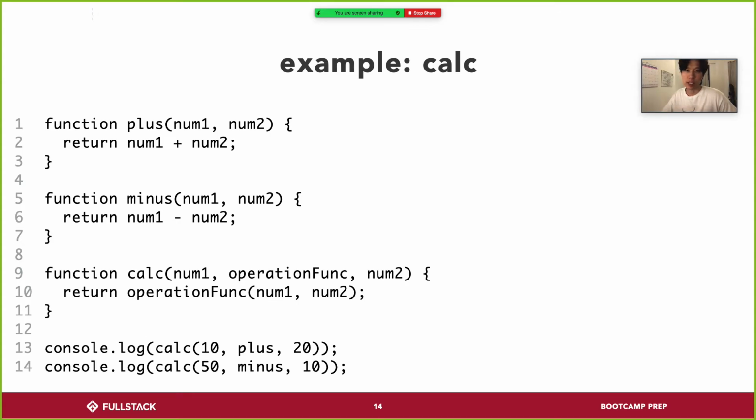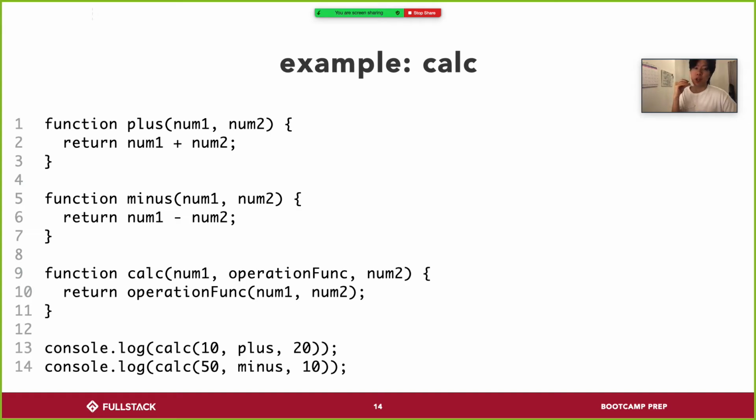Does anyone want to take a stab at what this would output to the console? $30 and $60?